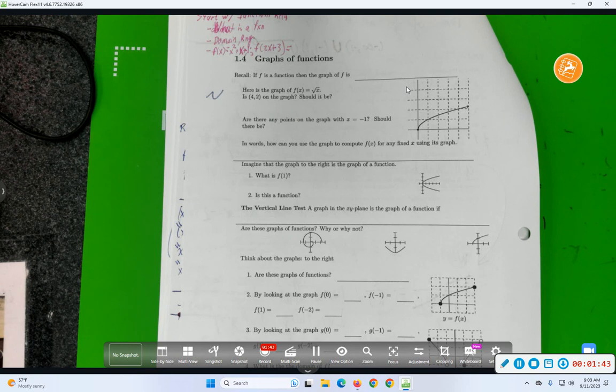If you do have a function, what's the domain of that function? Yeah, so one way of saying it, it's like all x values.